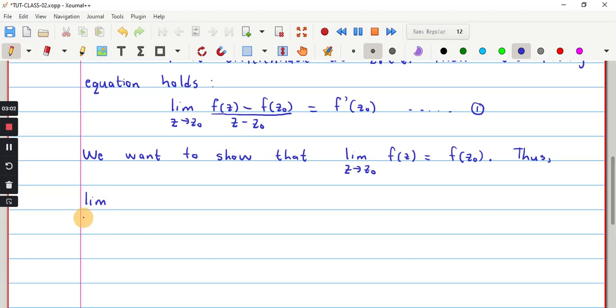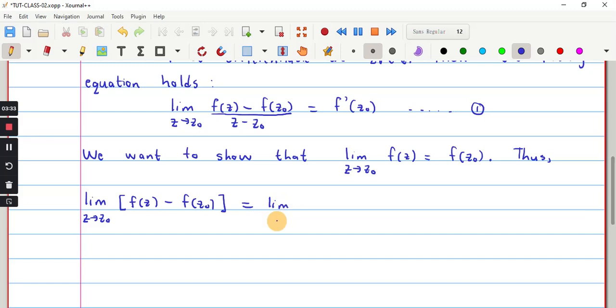Let's start by trying to find the limit as z approaches z0 of f at z minus f at z0, this difference over here. What I'm going to do is divide by z minus z0 and then multiply by z minus z0, so that the quantity will cancel itself and the equation will remain the same.